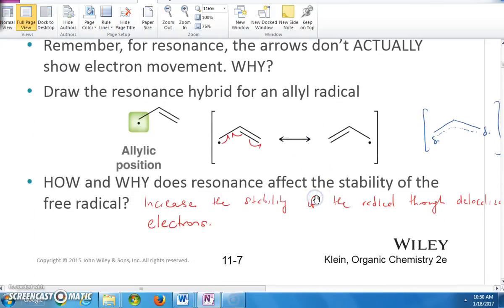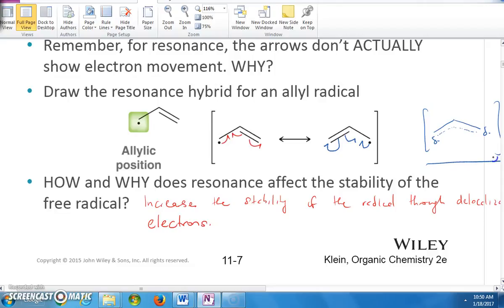So if you have to draw the resonance hybrid for the radical here, you can see what is happening. You use fish hooks, and if you want to go backwards, basically what you need to do is go like this, go like that, and this dumps there like that, and this will be the hybrid that forms. This is the hybrid.